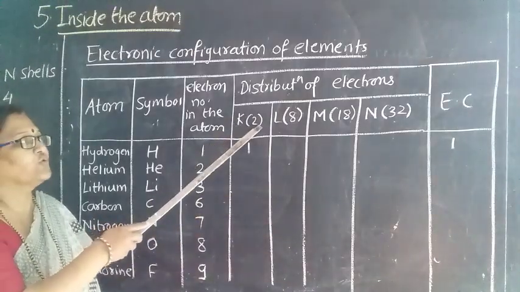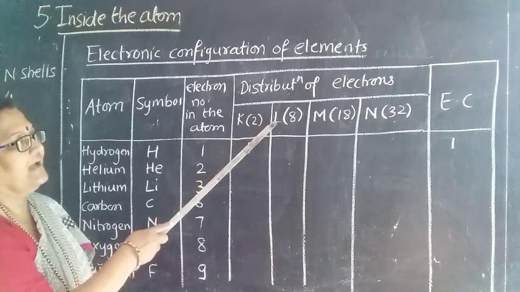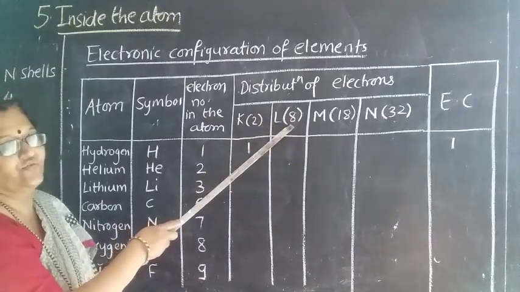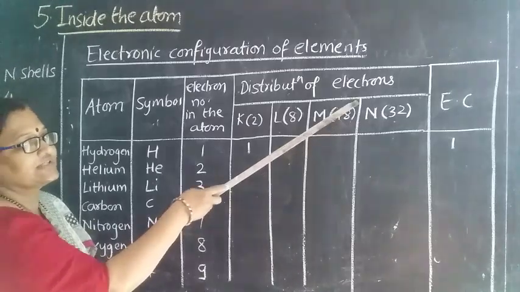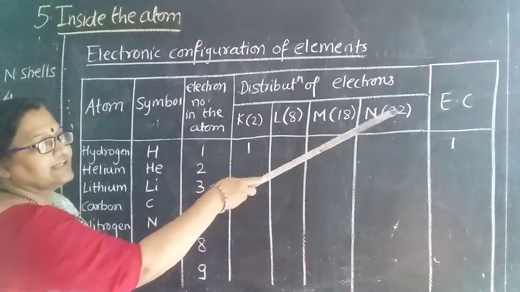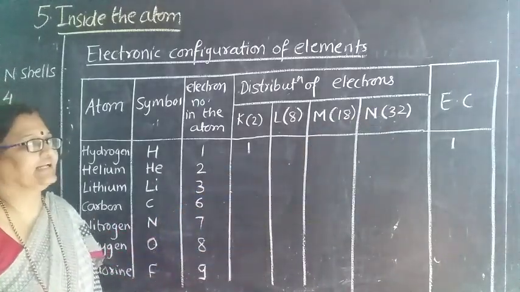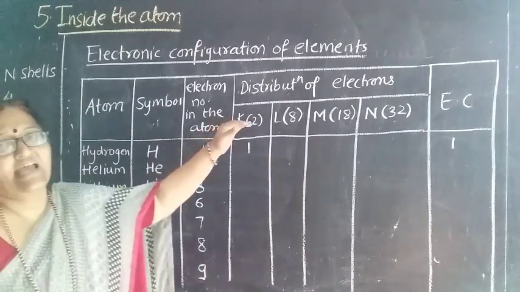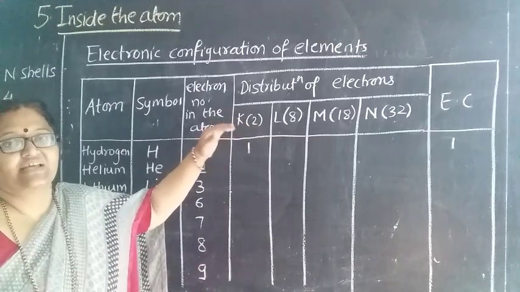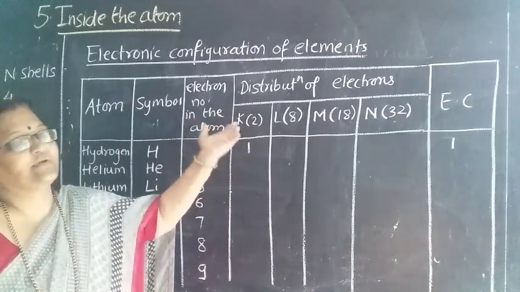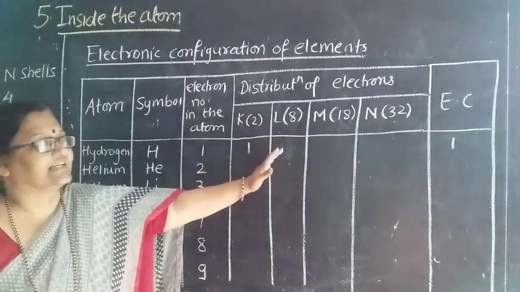K has a capacity of 2 electrons, L has 8, M has 18, and N has 32. That means K can accommodate only 2 electrons, and if there are further electrons, they can be filled into the next shell.